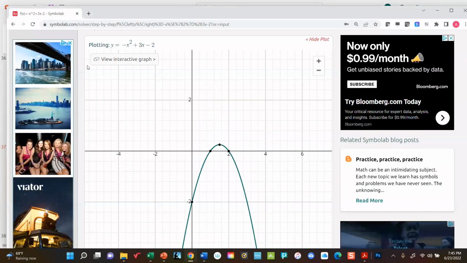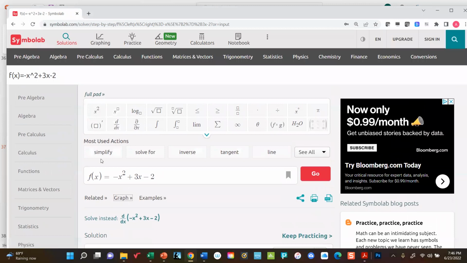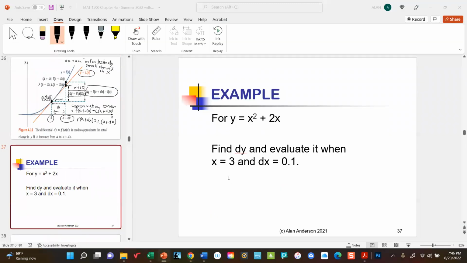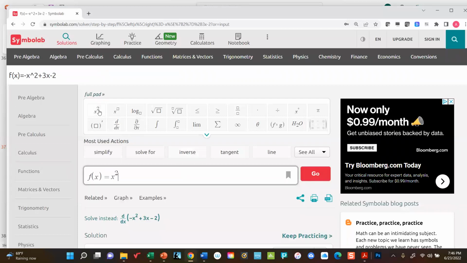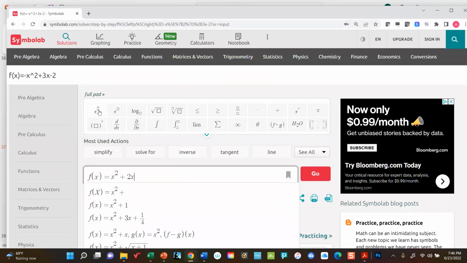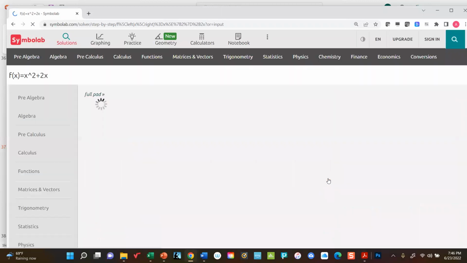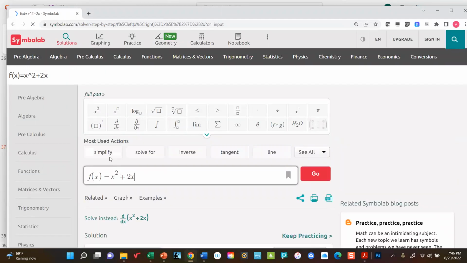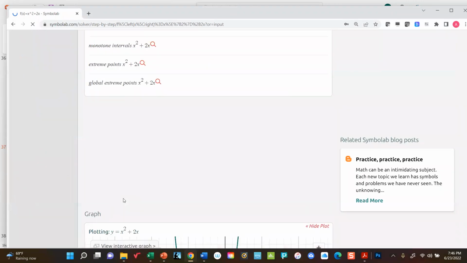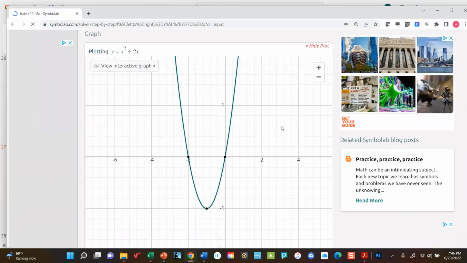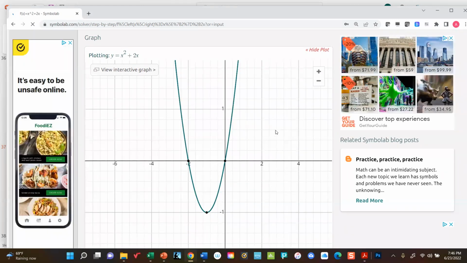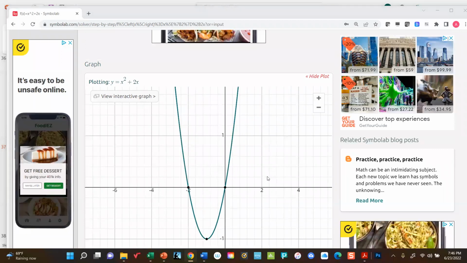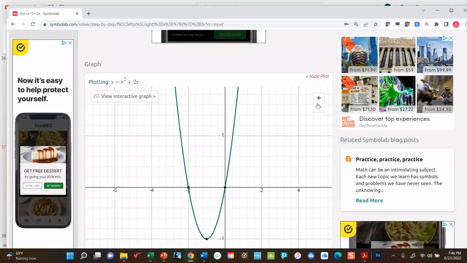X squared plus 2x. Okay, it's just a standard parabola. Now, the point, we need x equals 3.